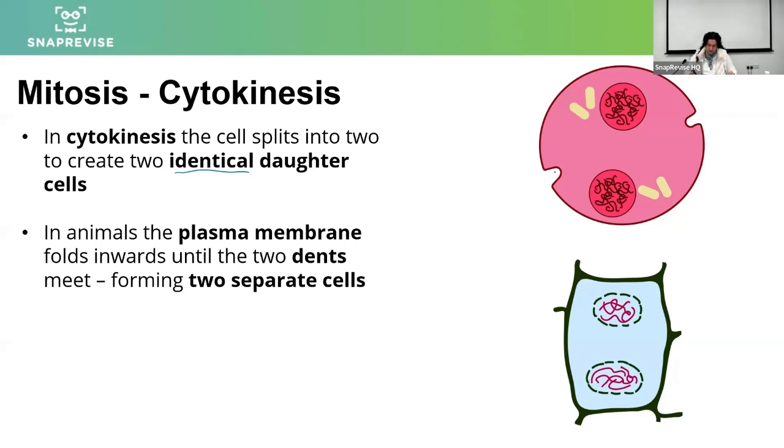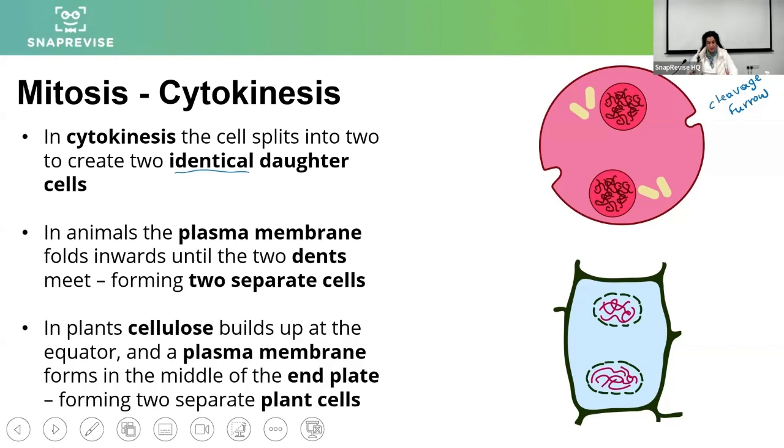There are 2 little dents formed. For those of you that want a bit of extra detail, these dents are called the cleavage furrow, but don't feel like you must memorize that, just in case you want to. And it will basically constrict around the whole cell, and it will form 2 separate daughter cells.